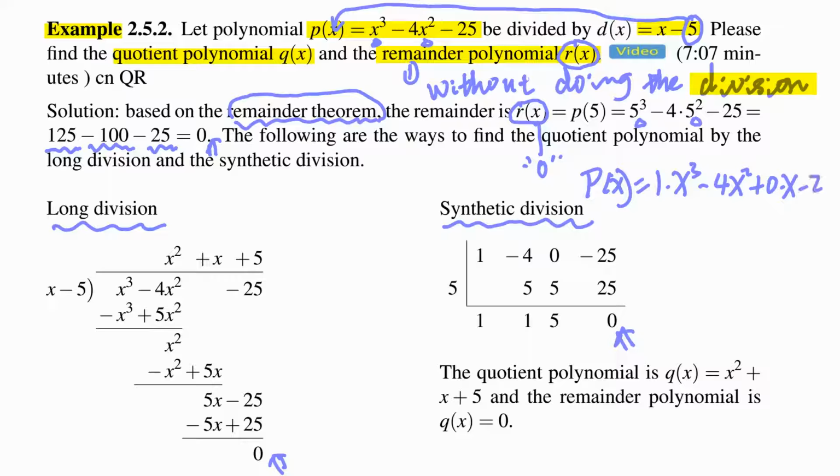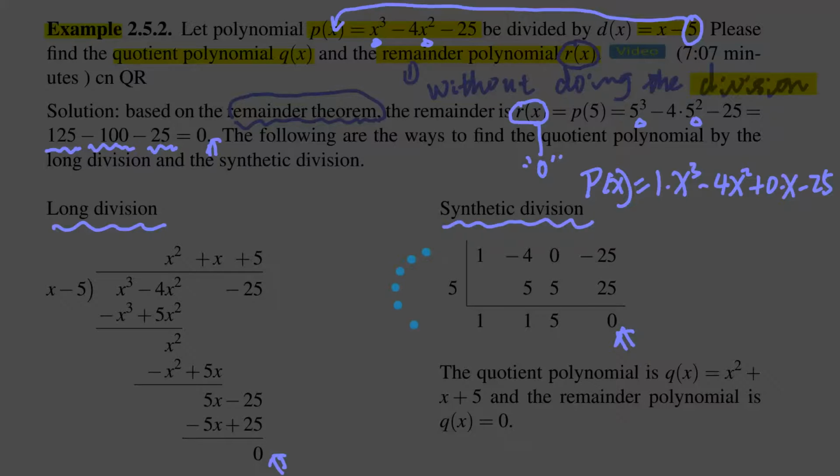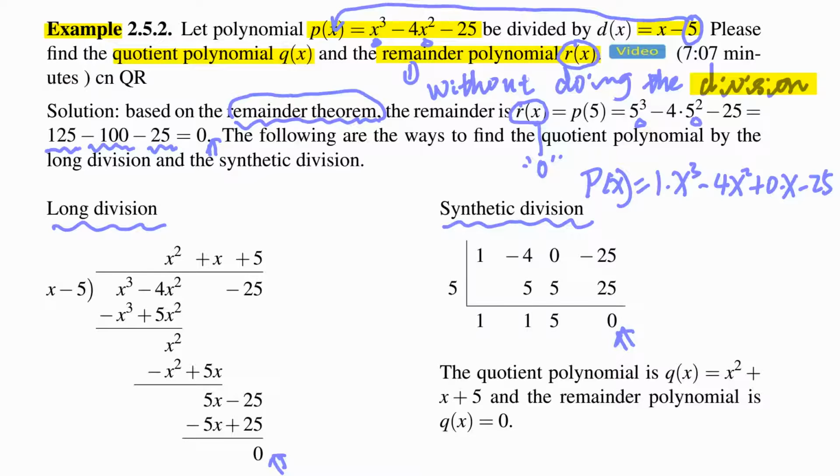And then minus 25. Here you can see it's 0. 0 times x is 0. This term was missing. So that's how you have 1, -4, 0, -25 on these places. Alright.